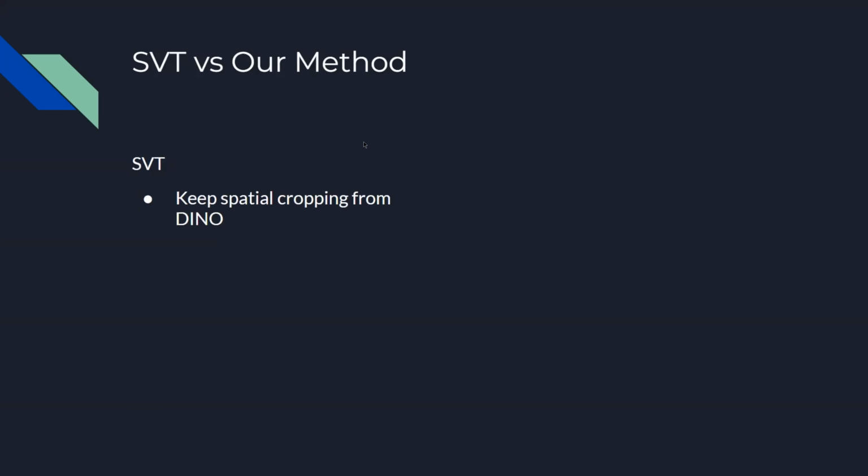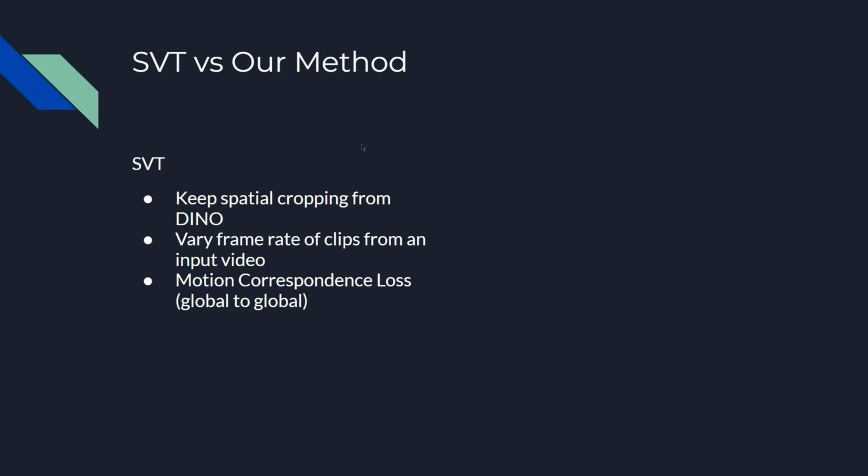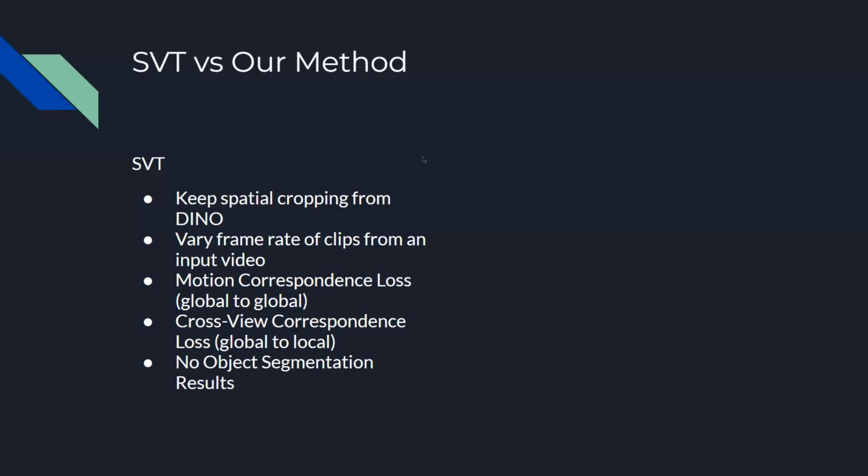With the SVT, they keep the spatial cropping that was implemented in the original DINO. They vary frame rates of clips from the input video. They do a motion correspondence loss and a cross-view correspondence loss, and they do not report an object segmentation result.